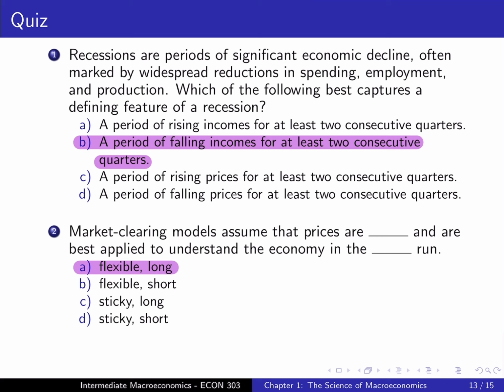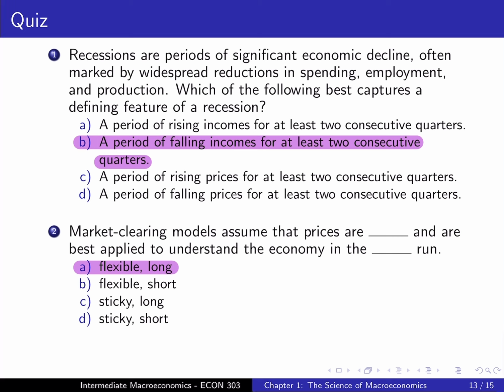Let's take a quick quiz to reinforce what we've learned. Question number 1. Recessions are periods of significant economic decline, often marked by widespread reductions in spending, employment, and production. Which of the following best captures a defining feature of a recession?